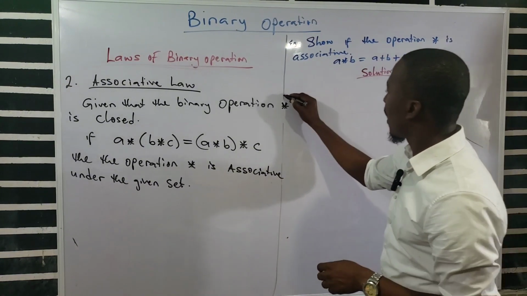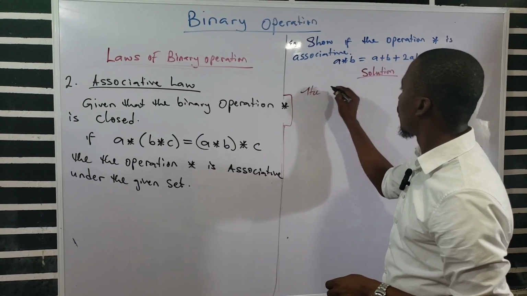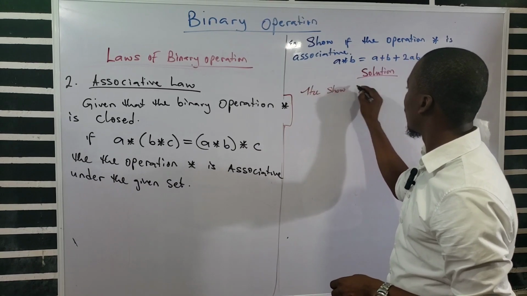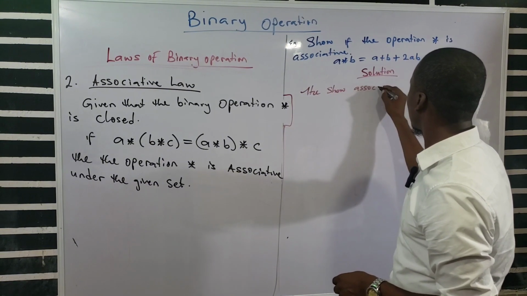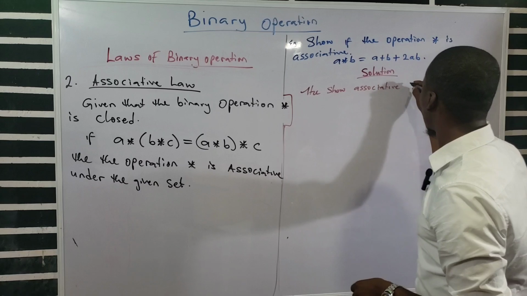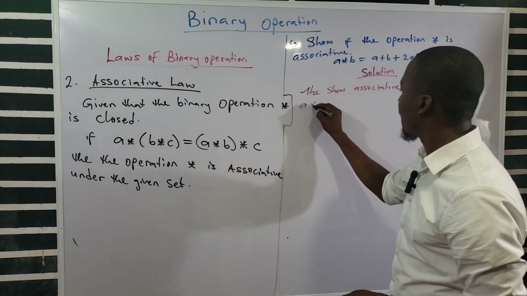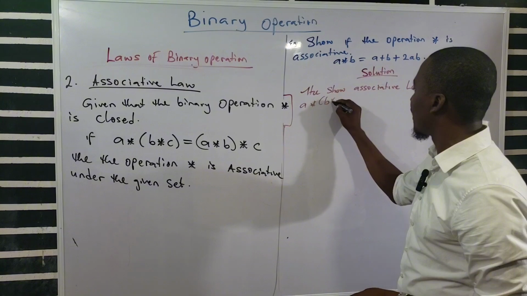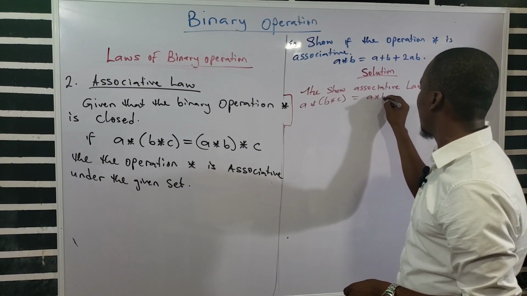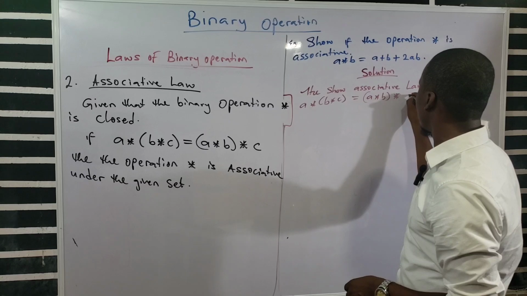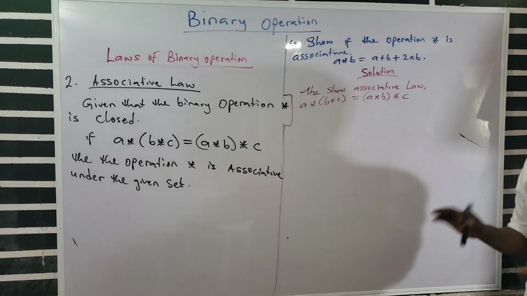So we have this to show associative law. A binary B binary C will give us the same thing as A binary B, then binary C. So let us take it gradually.